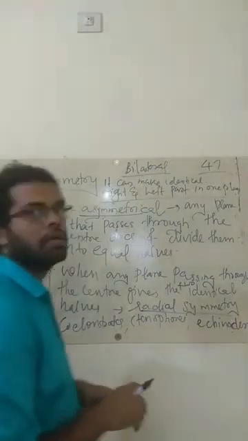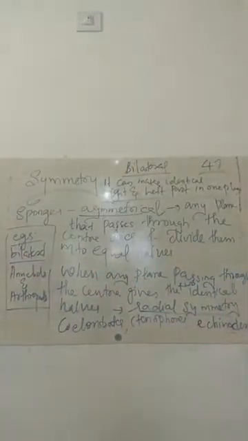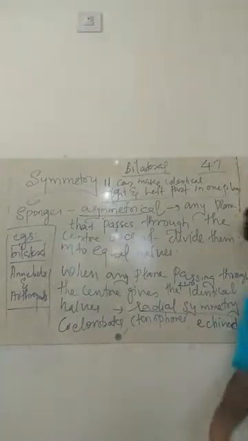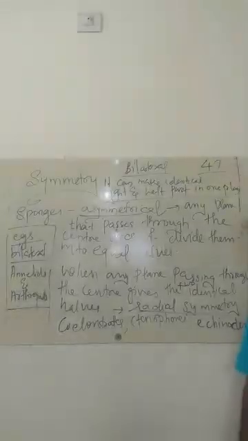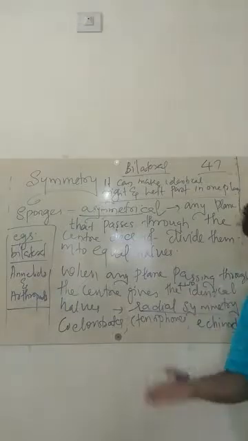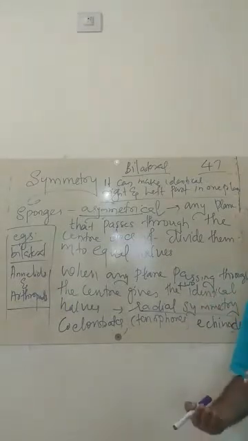So animals can be categorized on the basis of their symmetry. Sponges are mostly asymmetrical, so any plane that passes through the center does not divide them into equal halves. When any plane passing through the central axis divides the organism into two identical halves, it is called radial symmetry.